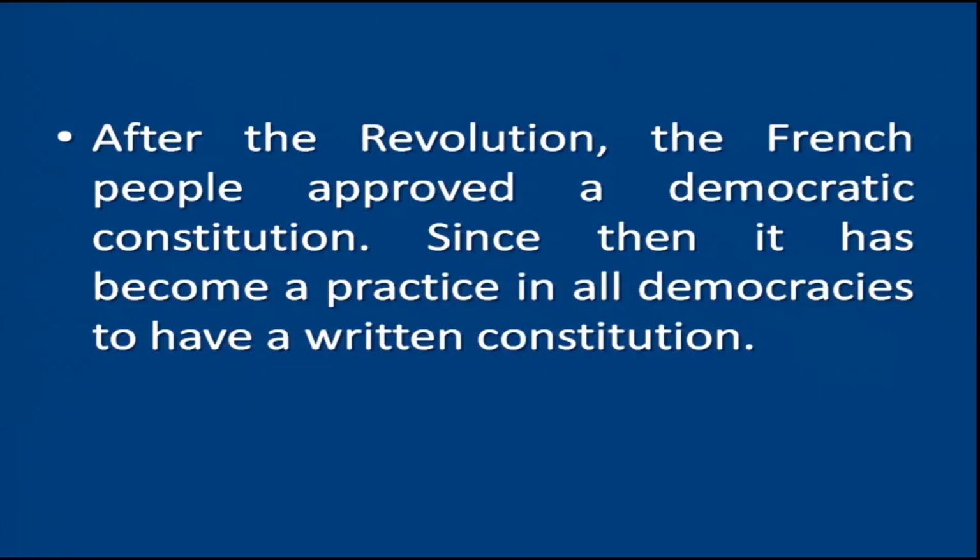As you see, after the war of independence against Great Britain, the Americans got themselves a constitution, and it is one of the oldest constitutions in the world. After the revolution, the French people approved a democratic constitution for themselves. And since then, it is a practice for every democratic country of the world to have a written constitution.